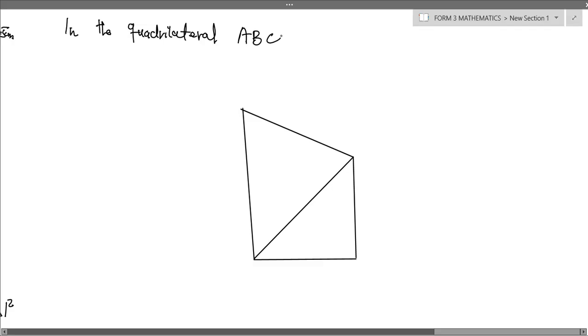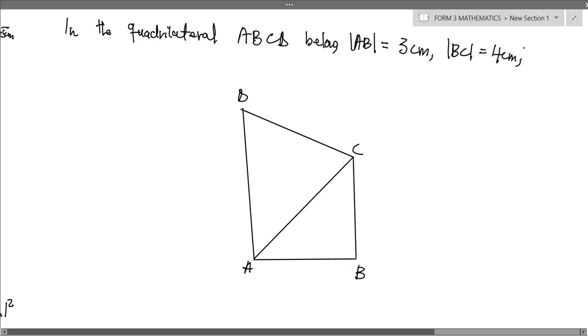A, B, C, D. Below, AB equals 3 centimeters. BC equals 4 centimeters. CD equals 12 centimeters.